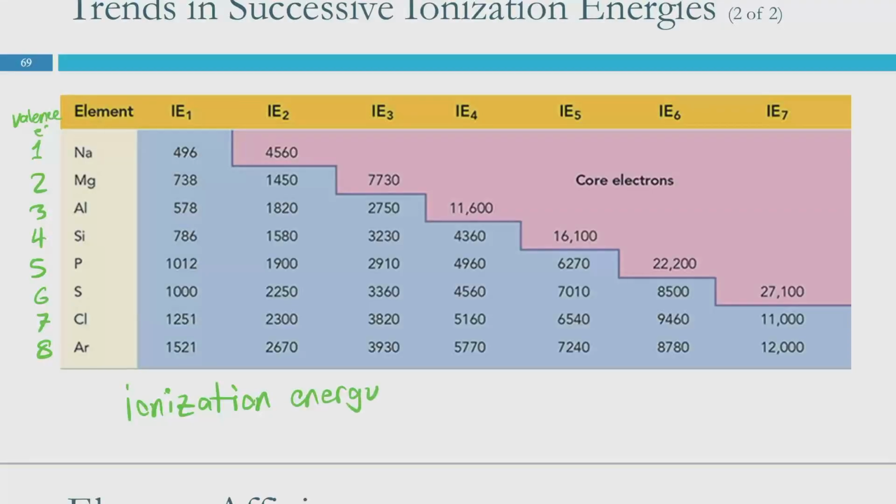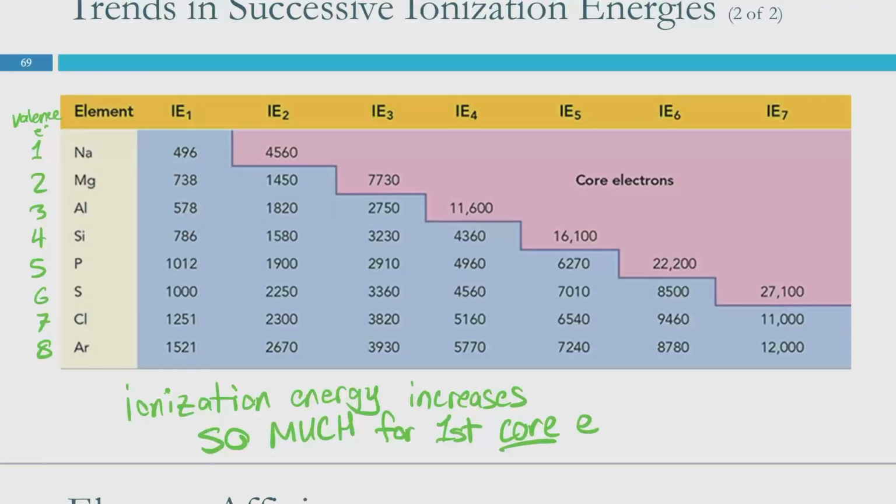So ionization energy increases so much for the first core electron. So our valence electrons will see a successive step up in terms of the ionization energy.